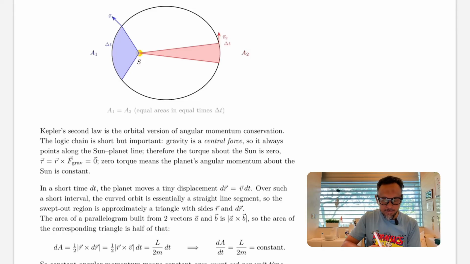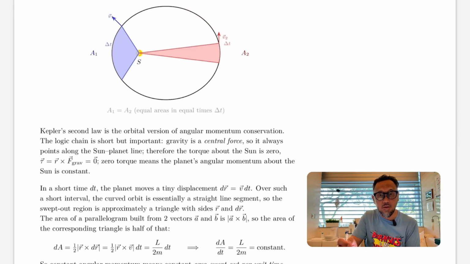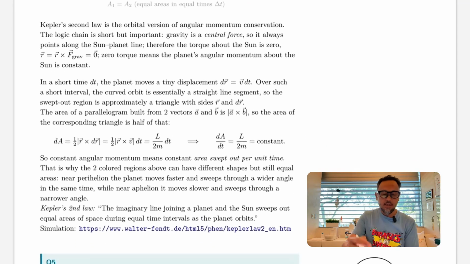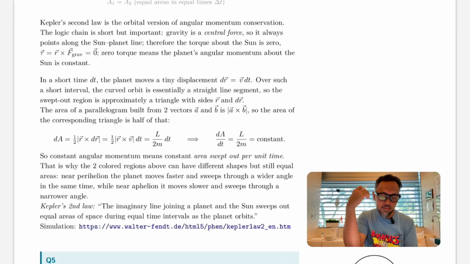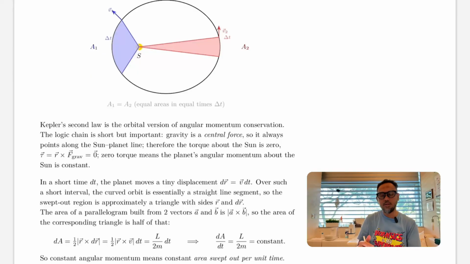And then dr is equal to v dt, and from that you can get this formula here. And the fact that dA is constant means the angular momentum along this path, the elliptical orbit, is also constant. The calculation involves mathematics, and it's actually beautiful, but you guys have taken Physics 121.